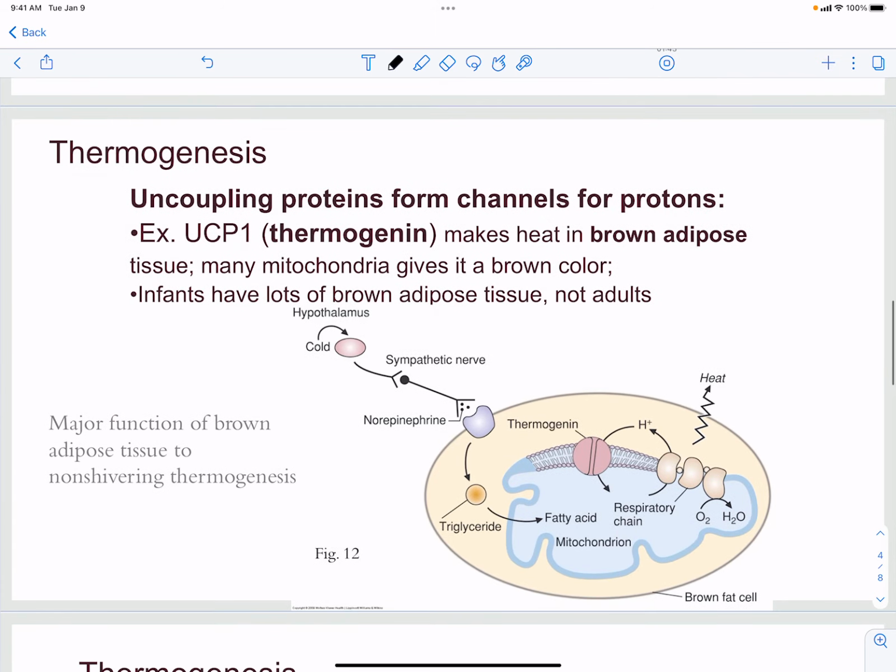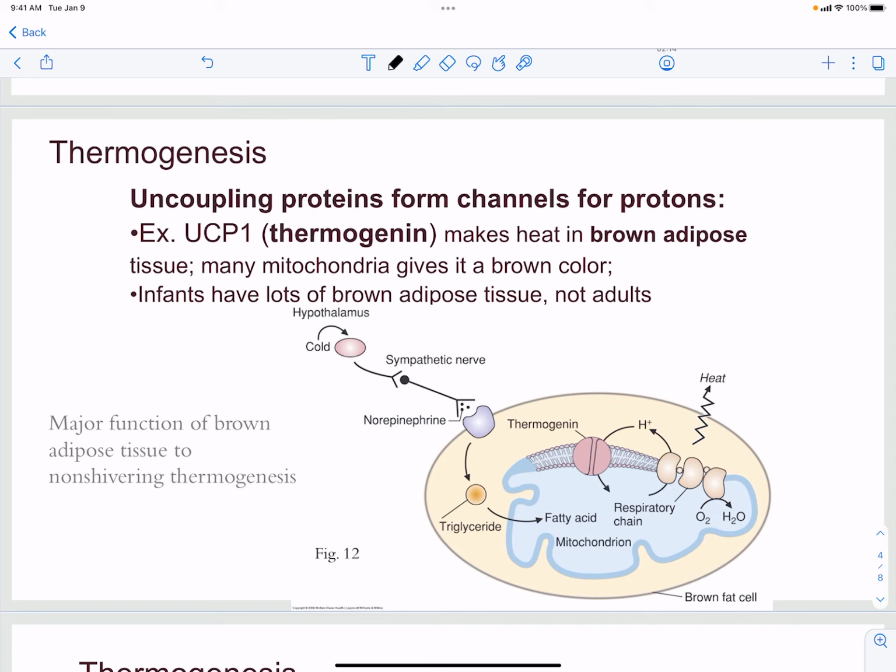Now sometimes, in some cases, the body does want to force the leakage of the protons. And so in the cases of children and infants in particular, they have brown adipose tissue. And brown adipose tissue will have many mitochondria. And the purpose of this mitochondria is to keep the baby warm. And so there is a protein called thermogenin, UCP1, uncoupling protein 1.